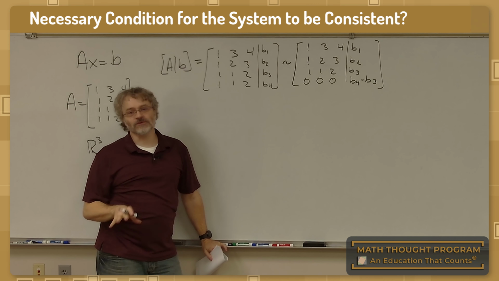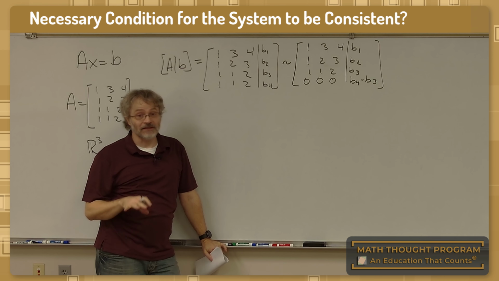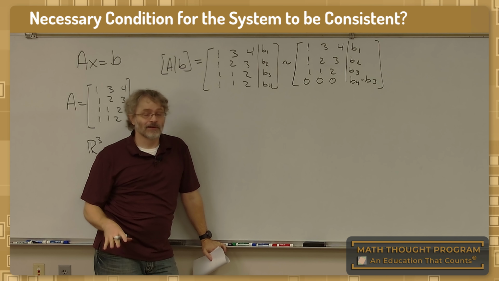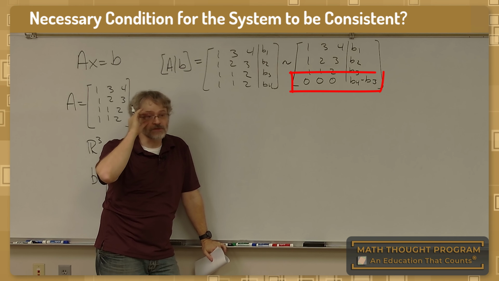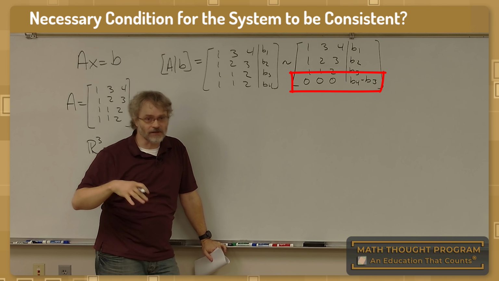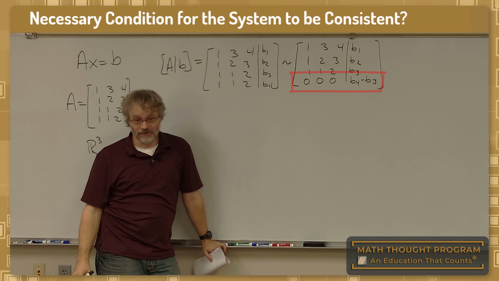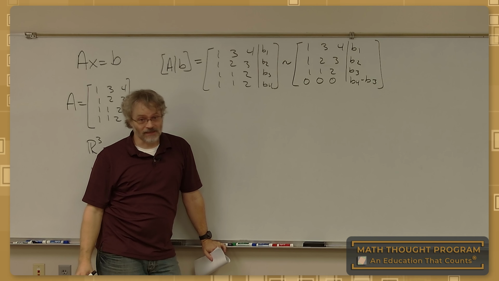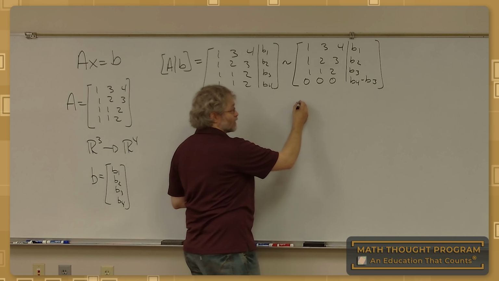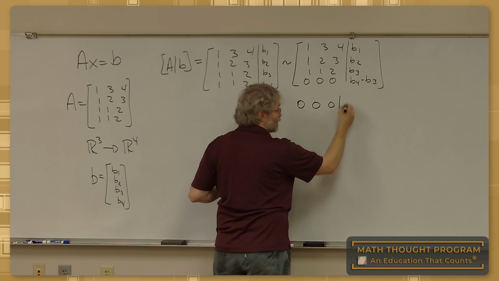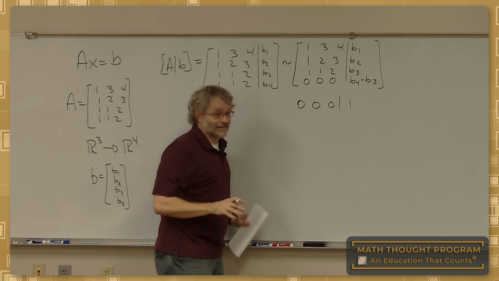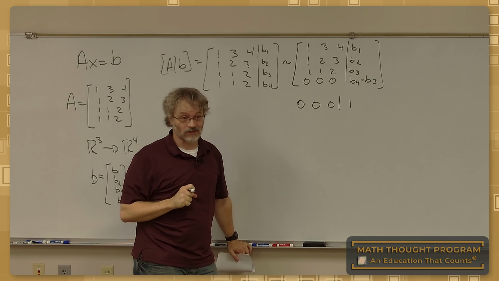So what's the first thing we can deduce here if this is going to have a solution? What can I say about the relationship between b3 and b4? They better be the same. Because if it's not the same, and you have something in the form of 0, 0, 0, and not 0, do I have a solution?